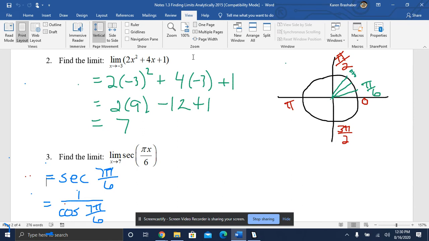I'm going to rewrite that π over 4 a little bit better. And so in this problem, we want to be at 7π over 6.